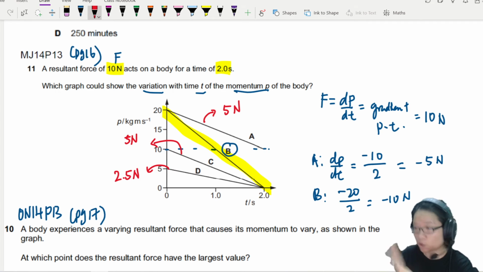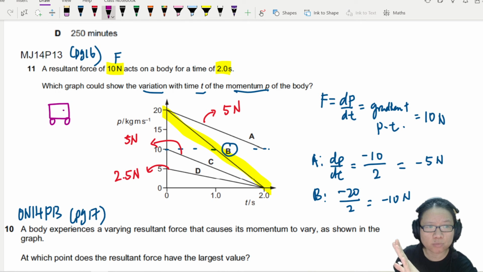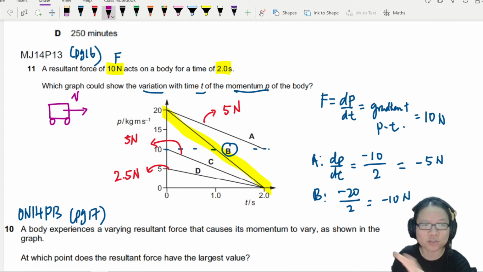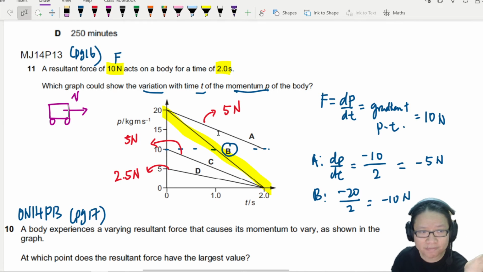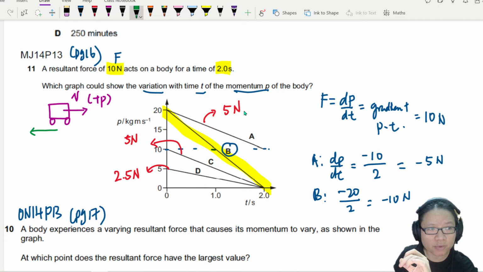The reason why they all have a negative sign is simply because to decrease the momentum of an object, say you have a trolley moving in this direction, whether the momentum is 20, 15, 10 or 5, this is the direction of positive momentum. To decrease momentum, F has to be in the opposite direction.